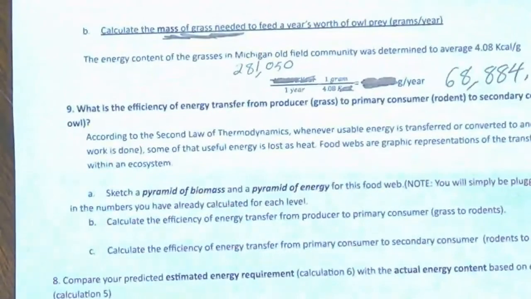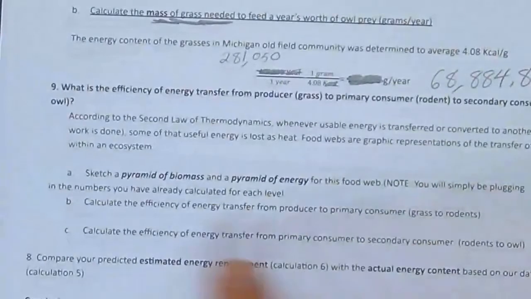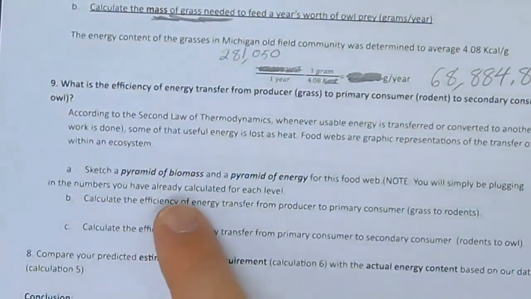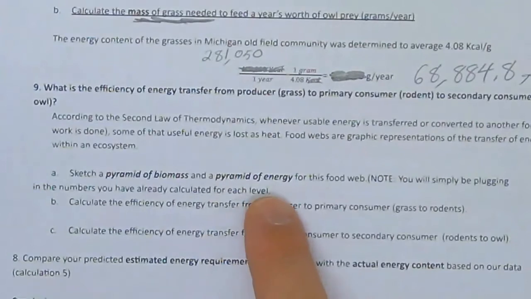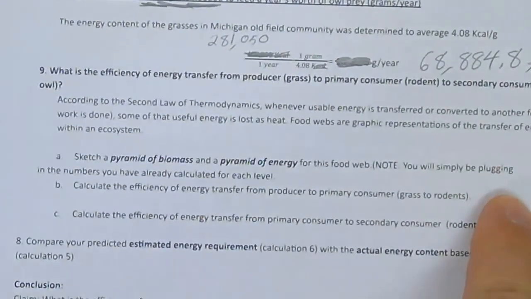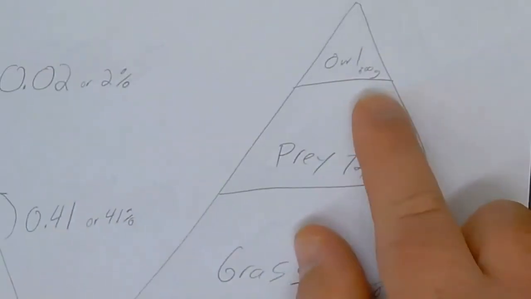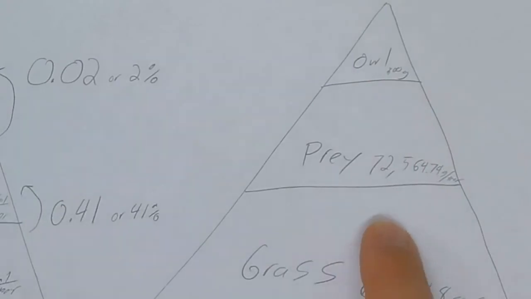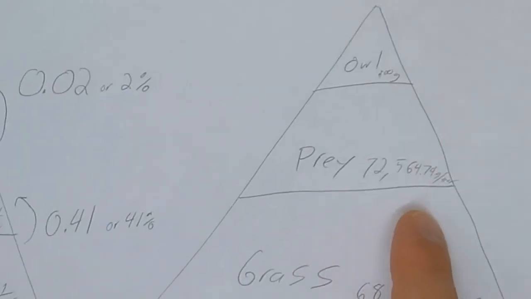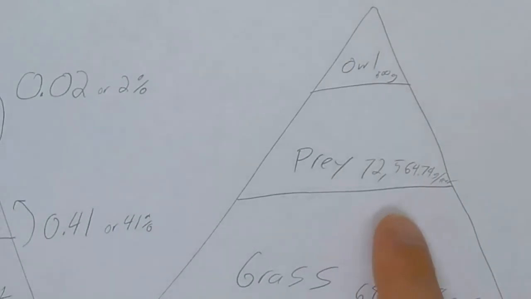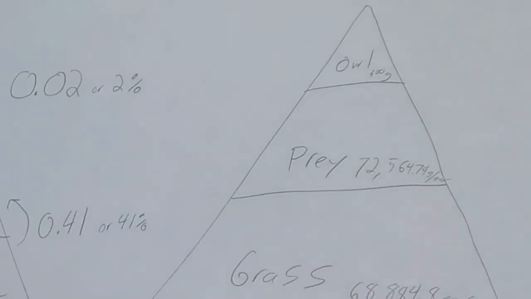All right, let's look at the last one here, number 9. All right, we're going to sketch a pyramid of biomass and a pyramid of energy. All right, and you're plugging in the numbers you've already calculated for each energy level. So it should be something that looks like this, right? There's 500 grams per owl, 72,564 grams for prey, and 68,884 grams for grass.